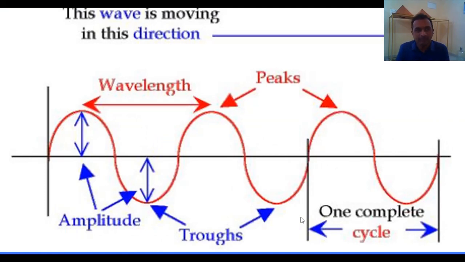Now this wave is moving along the x direction. When the wave moves along the x direction, the crest and trough are formed, then the wavelength is formed, and then the frequency, wavelength, time period, amplitude and displacement, everything we want to learn from the wave.